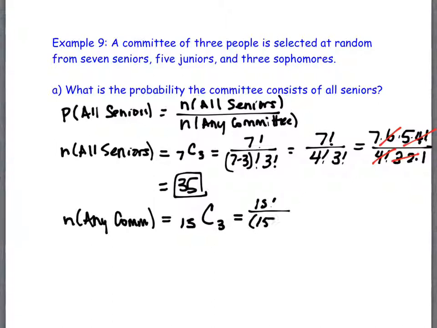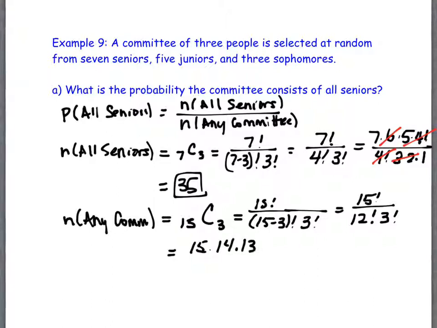My denominator is 15 minus 3 factorial, and then the denominator also has a 3 factorial in it. So this is 15 factorial over 12 factorial, 3 factorial, or 15 times 14 times 13 times 12 factorial, over the 12 factorial, and then 3, 2, and 1. So the 12 factorials, of course, cancel.